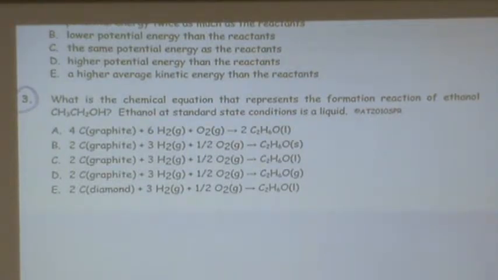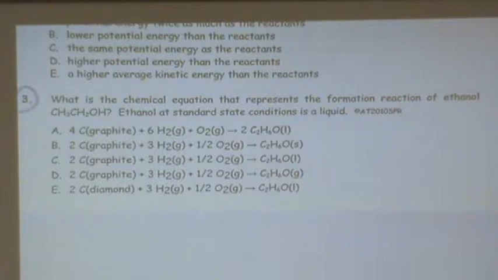So we have between B, C, and D. All right? Now what is the ethanol? Okay, ethanol, what is ethanol? Is it liquid, solid, gas? What is it? It's liquid. You should know that. Right? Oh, okay.